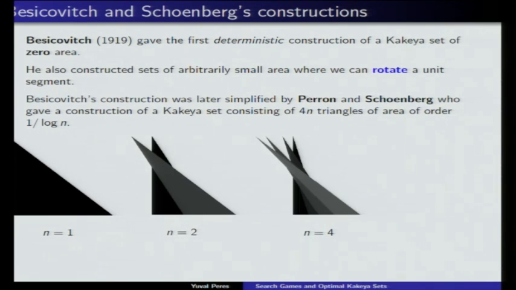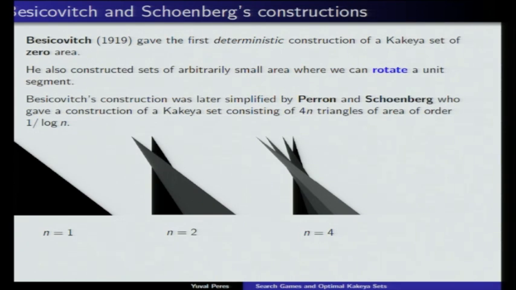Let me just show you pictures drawn by Terry Tao of one of these constructions, the Perron construction. So let's start. Formally, what you have on the left doesn't contain a unit segment in every direction, maybe but 45 degrees.